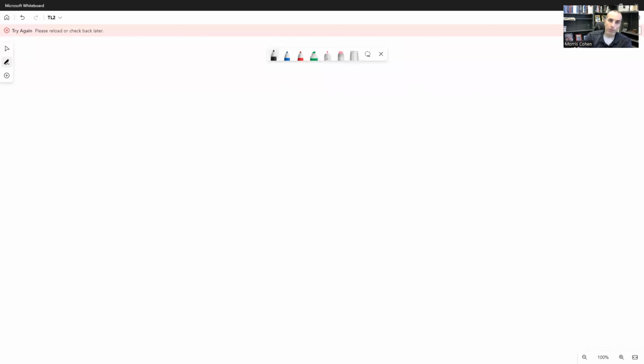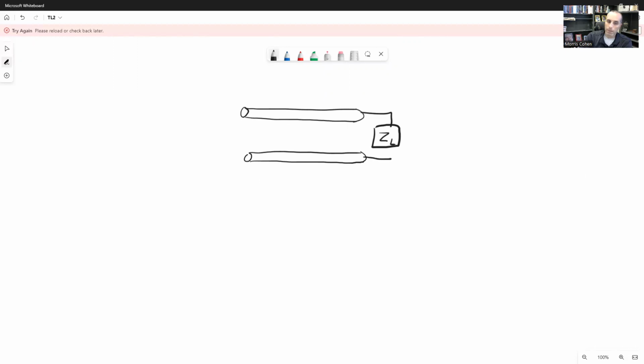And for that, let me just draw a simple circuit diagram where we have a transmission line connected to some unknown load, and this load is going to have an impedance Z, and the intrinsic impedance of the transmission line is going to be Z0. All right. I'm going to define a new concept called input impedance.